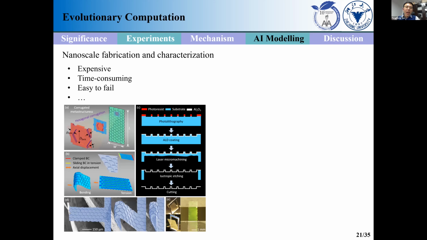And my answer is that nanoscale fabrication and characterization are always very expensive, time-consuming and very easy to fail. So we want to have something that can help us to predict the performance, to help us design, right?